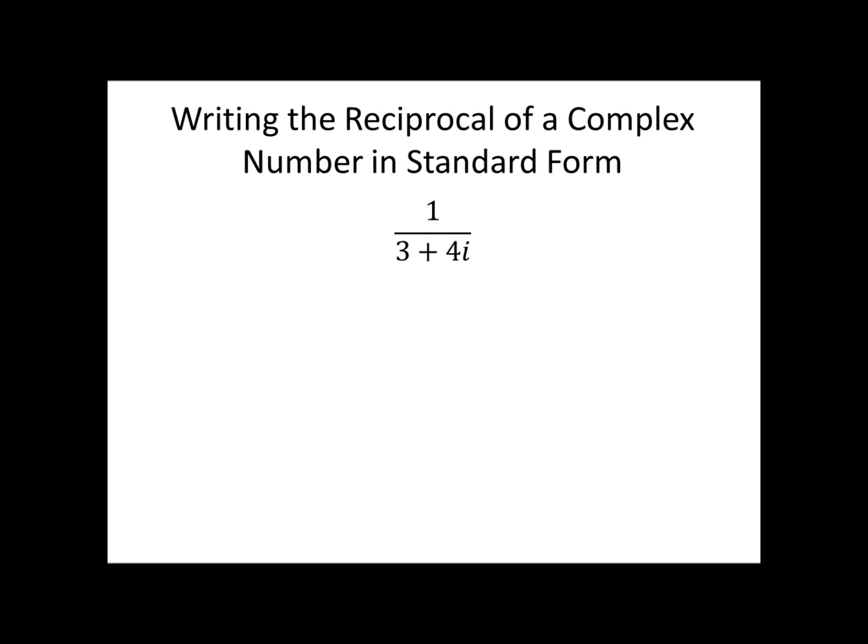Now, let's take a look at where this is useful. If I want to write the reciprocal of a complex number in standard form, that is 1 over the complex number. That's not in standard form because standard form a plus bi is not in a fraction. Now a and b can be fractions, but they can't be inside a fraction. So the way I deal with this is I actually use the conjugate of the 3 plus 4i. I multiply the top and the bottom of this fraction by 3 minus 4i.